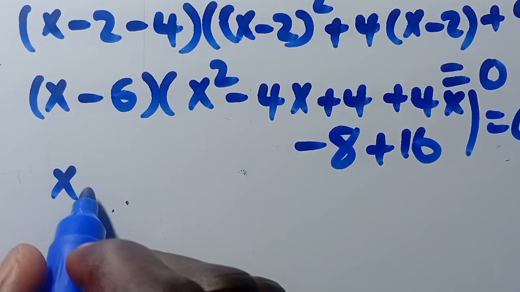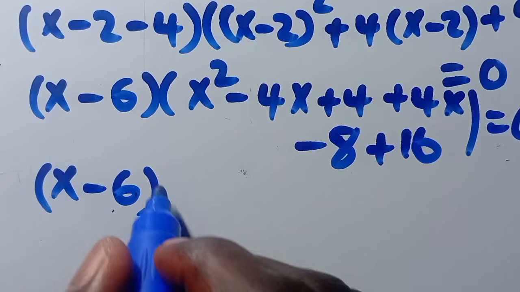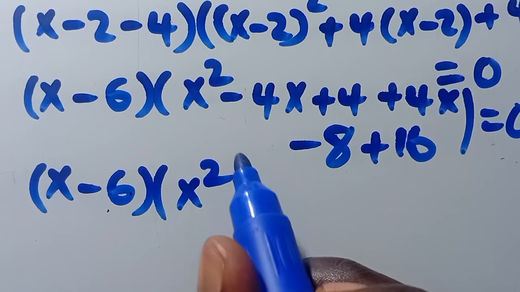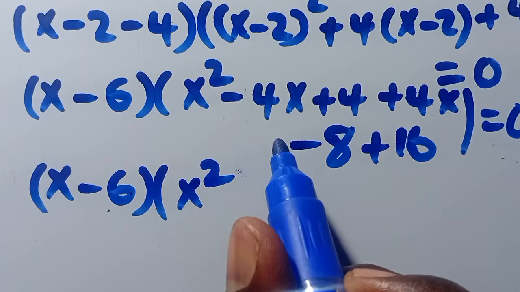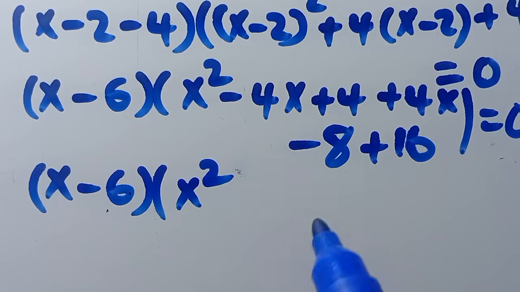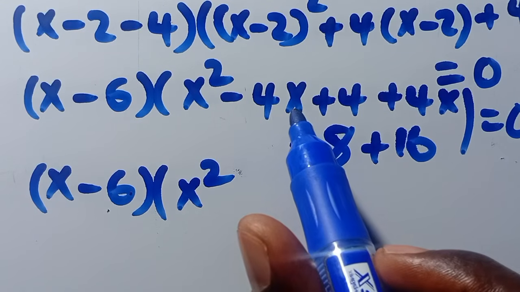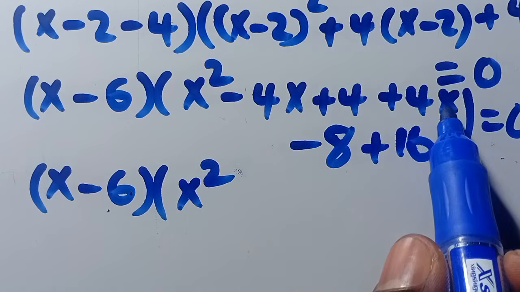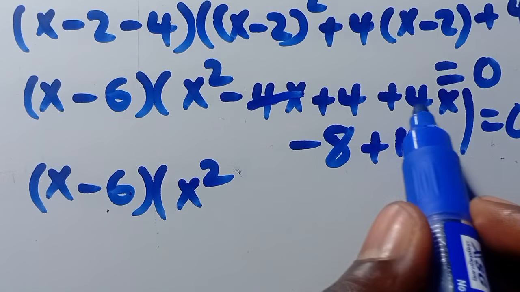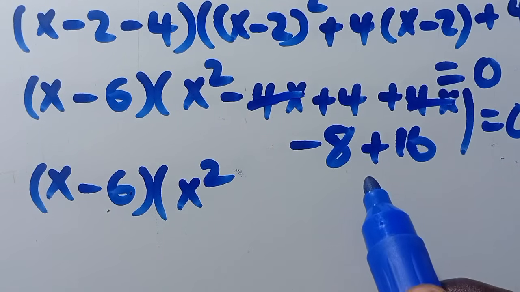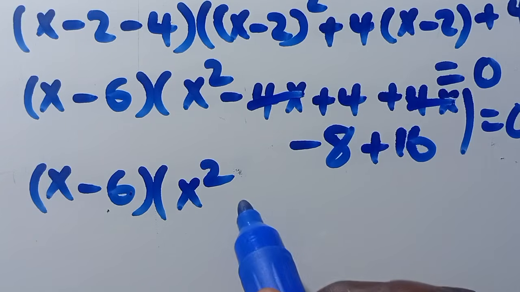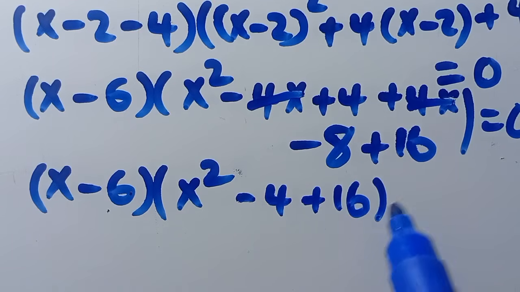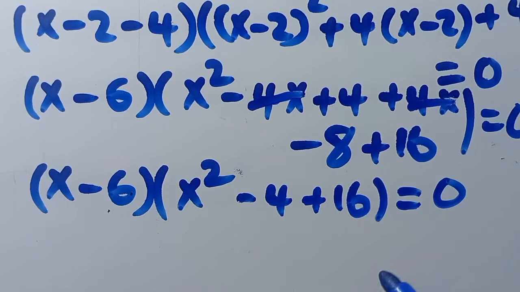So we have (x - 6) times x^2. The minus 4x and plus 4x cancel out. Then from here we have minus 4 plus 16 equals 0.